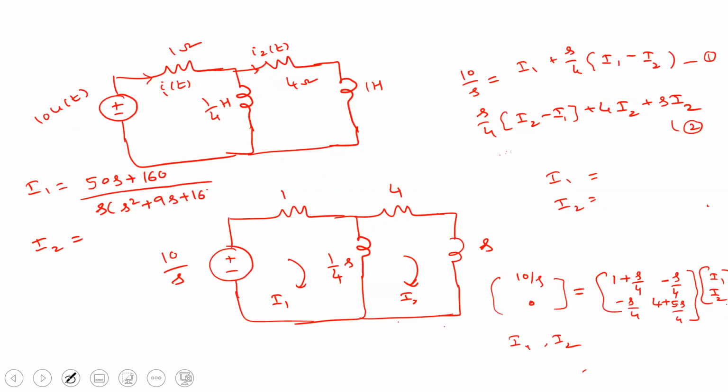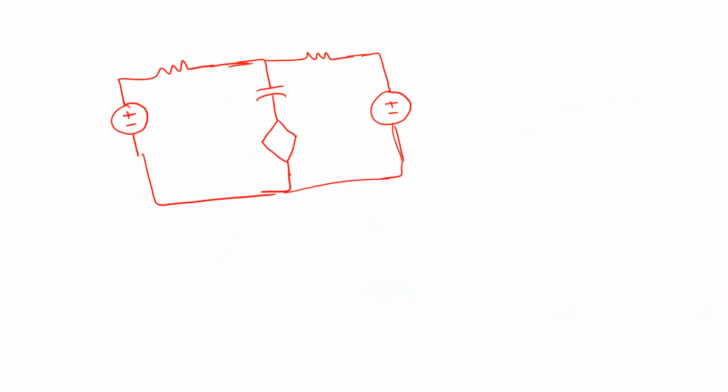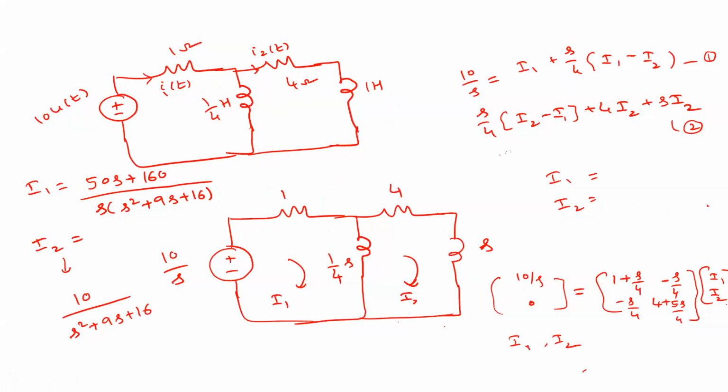No, not 160, 16. Whereas this I2 is 10 by S square plus 9S plus 16. So these are the answers for I1 and I2 in S domain. So the rest, just calculate I of t in the time domain.